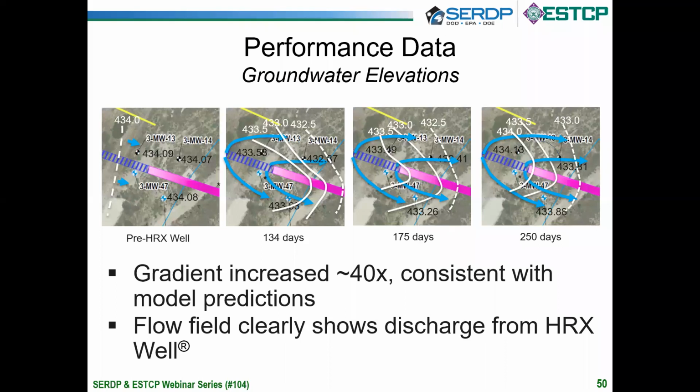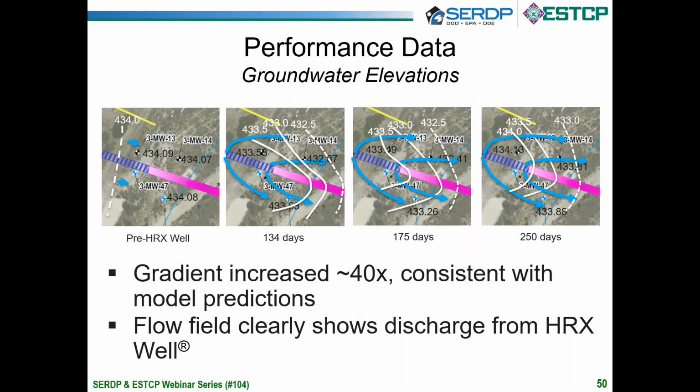And so I've got some groundwater elevation data from before the HRX well was installed, which is the image on the left, and then 3 snapshots, several 100 days or so after HRX well installation. And you can see in black are the actual head elevations at the wells, and then the white lines are equipotential contours.